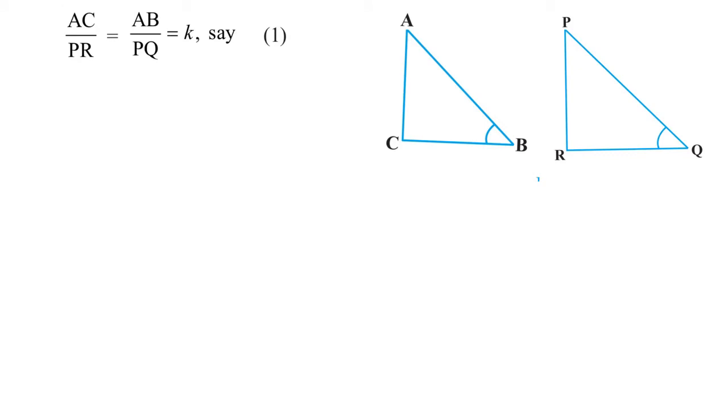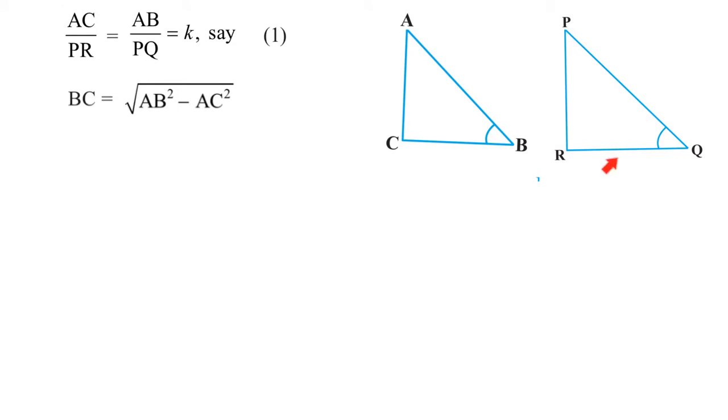So, we have AC over PR is equal to K and AB over PQ is equal to K. Considering the triangle ABC now, using Pythagoras theorem, what will BC be equal to? It's going to be the square root of AB squared minus AC squared.